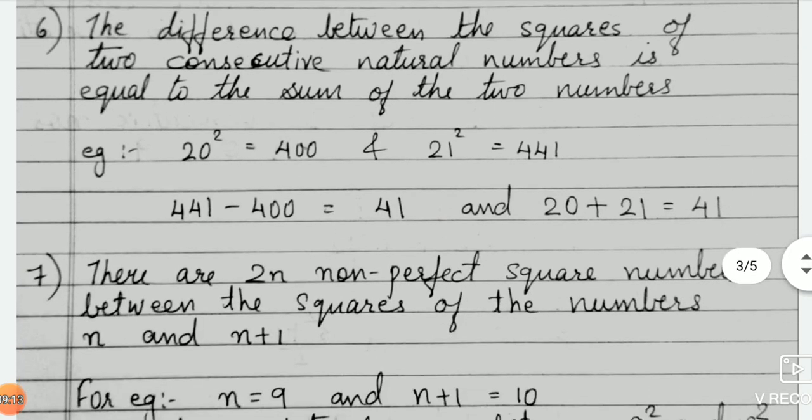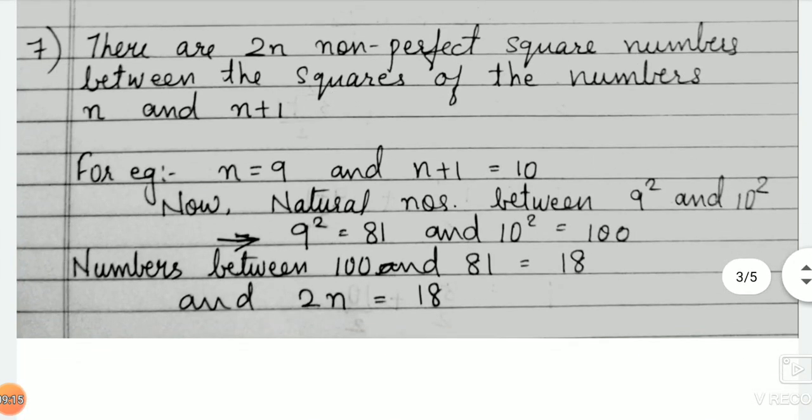Our next property is property number 7, that is, there are 2n non-perfect square numbers between the squares of two numbers, n and n plus 1. This means if we take two consecutive numbers, for example 9 and 10, how many numbers lie between their squares?